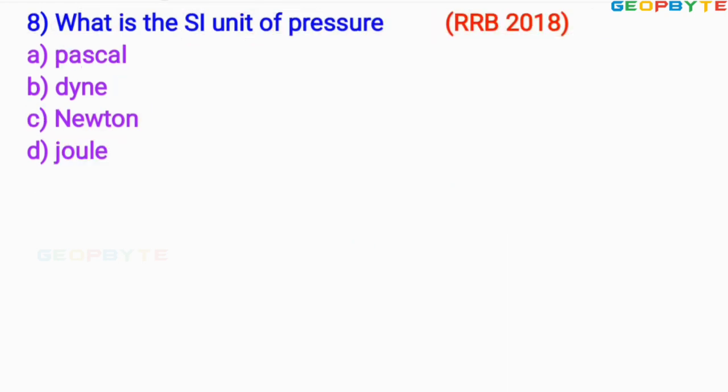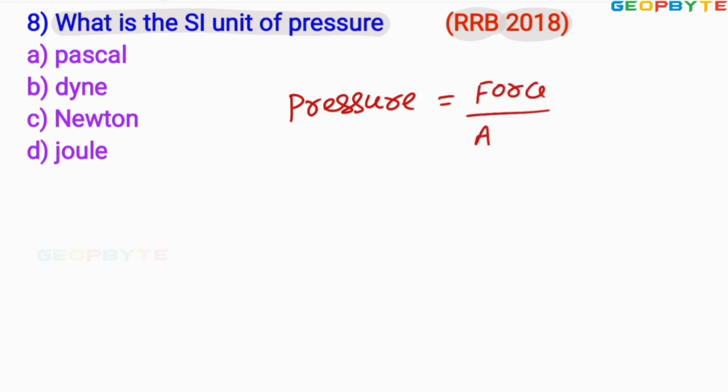Look at the 8th problem asked for RRB in 2018. What is the SI unit of pressure? Dear friends, pressure definition is force per unit area. In the SI system, force is in newtons, area is in meter square.